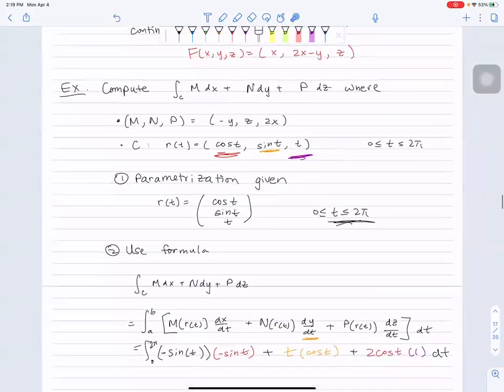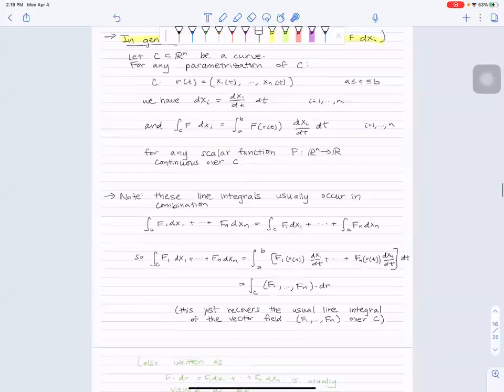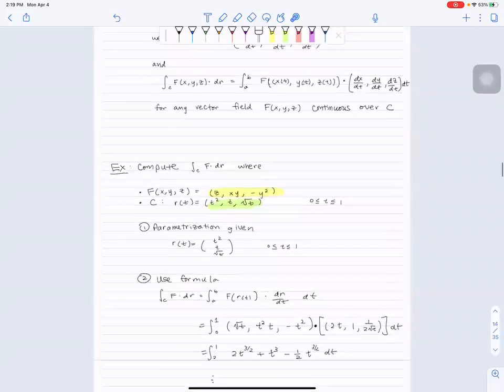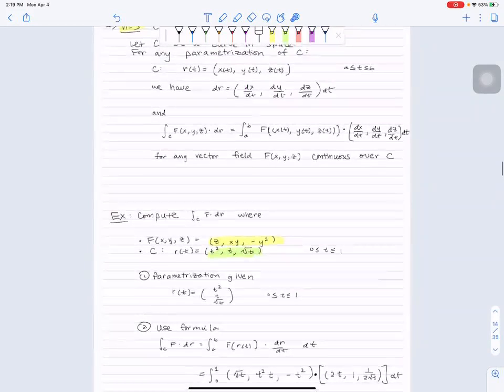Oh, yeah. I'll think more about that. If I come up with something, I'll post on Piazza. In general, the idea is always the same. You're plugging your parameterization into the function and multiplying by something.